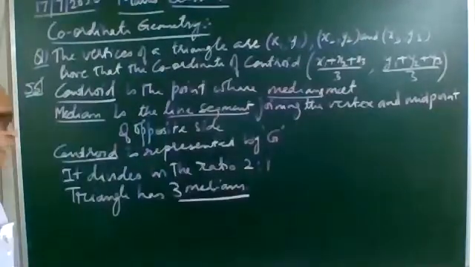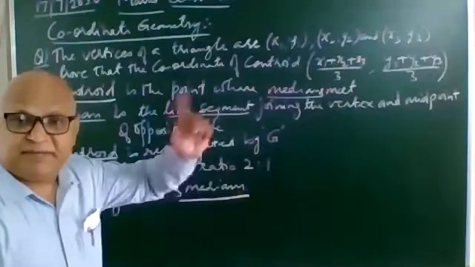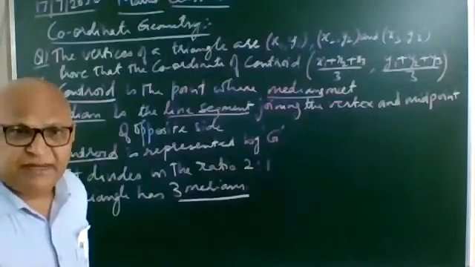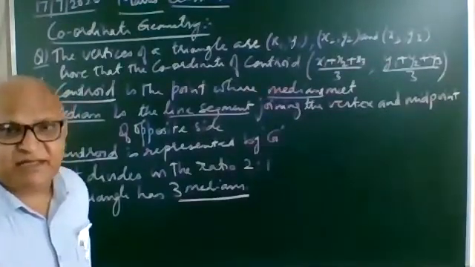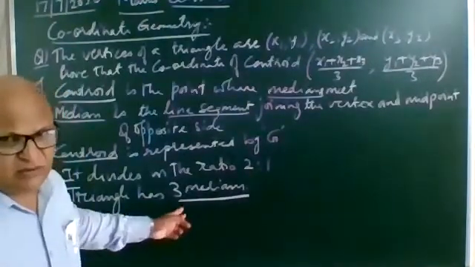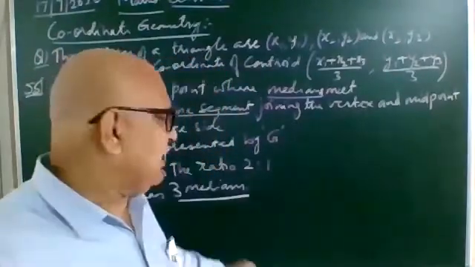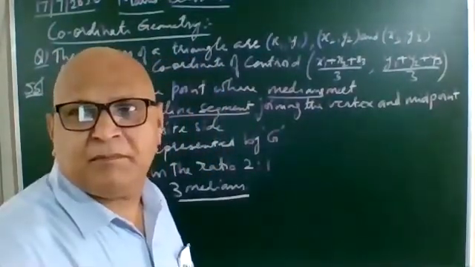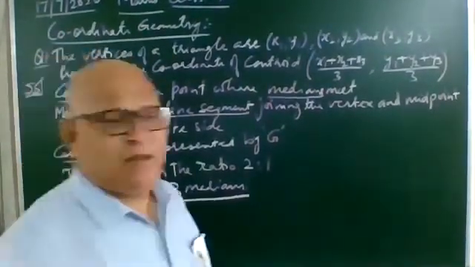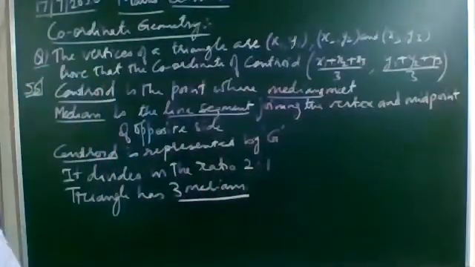So now a question comes in the exam: find the length of the medians. When I say find the length of medians, it means that a triangle has 3 medians and you have to find out the length of the median.